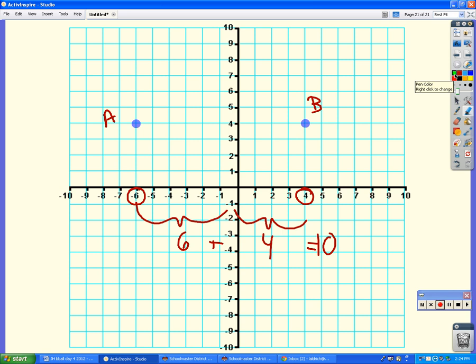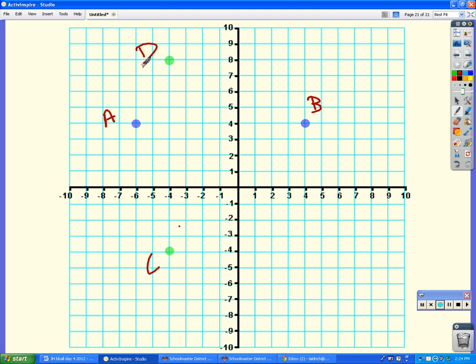So in other words, if I start here and here, what is the distance between point C and D? What is the distance between point C and D?